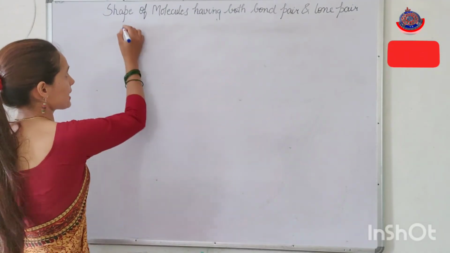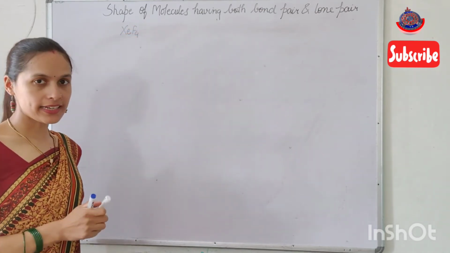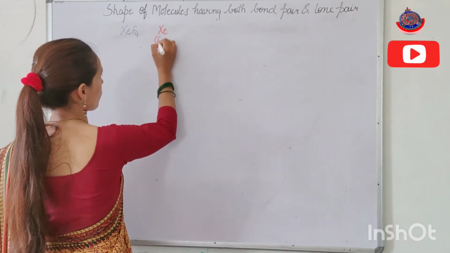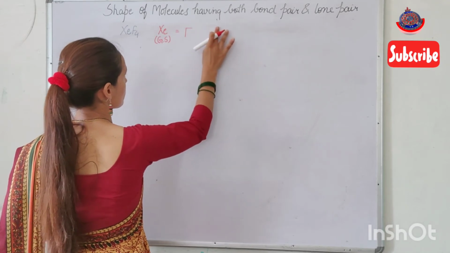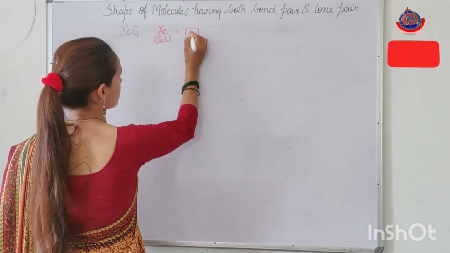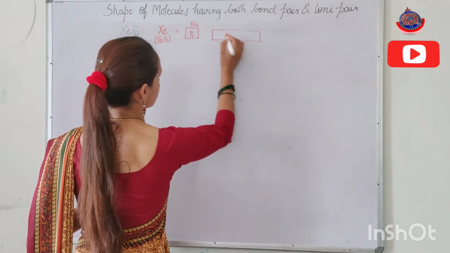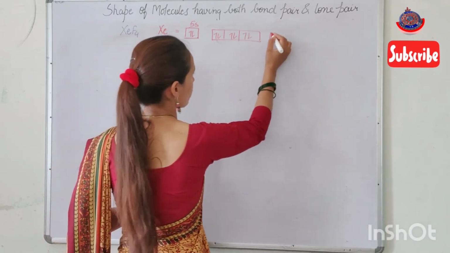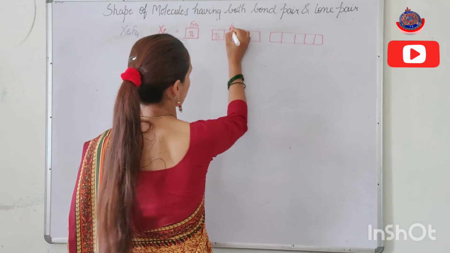Next is XeF4. So I'll write the ground state configuration of Xe. The ground state configuration of Xe is 5s2, 5p6 and 5d0.